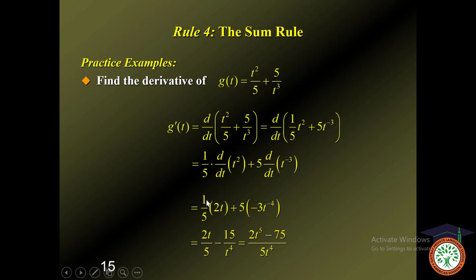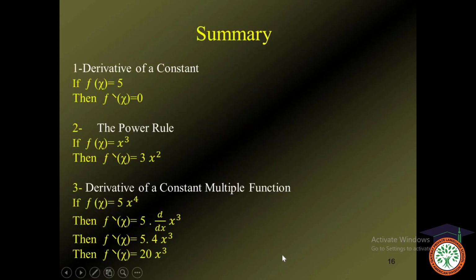Let's simplify. 1 times 2t over 5 minus negative 15, and t power negative 4, numerator, flip it to be the denominator t power 4. And finally, I'm going to multiply 5 times t power 4 to get a common denominator, and then t power 4 times 2t is 2t power 5, and 5 times 15 is negative 75.